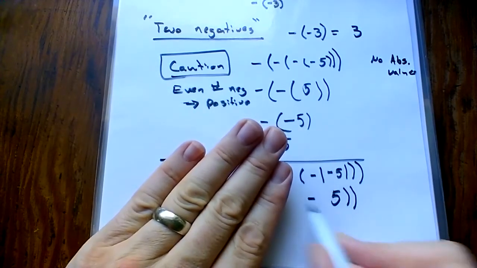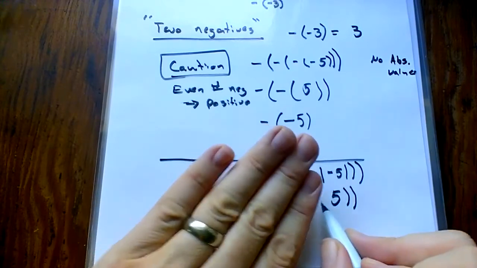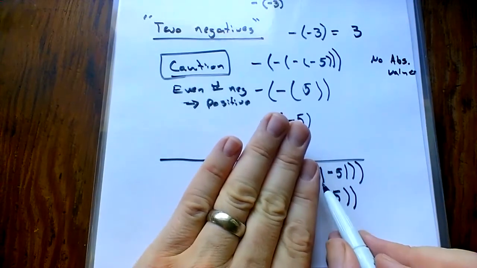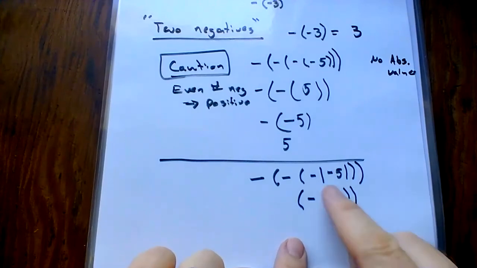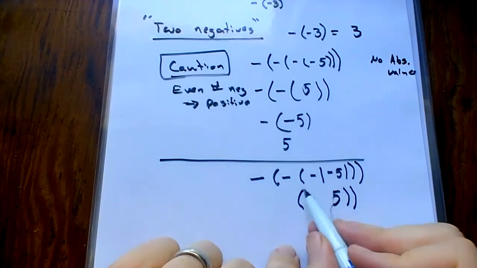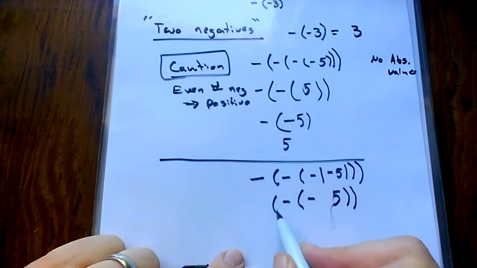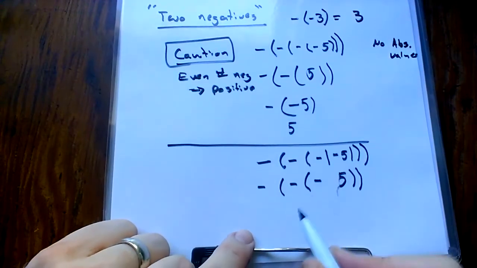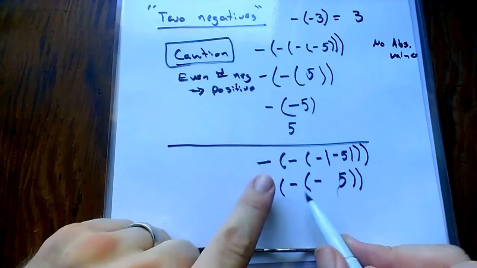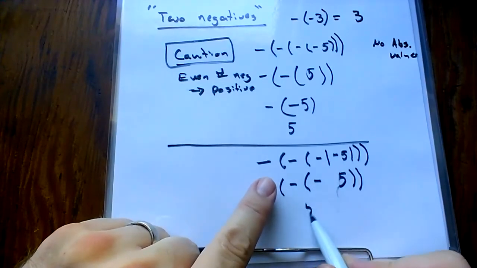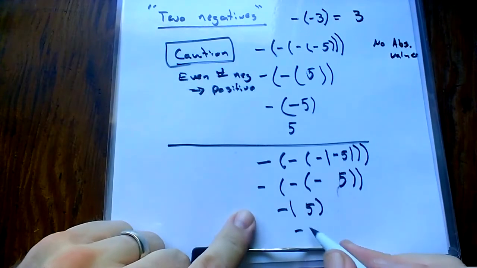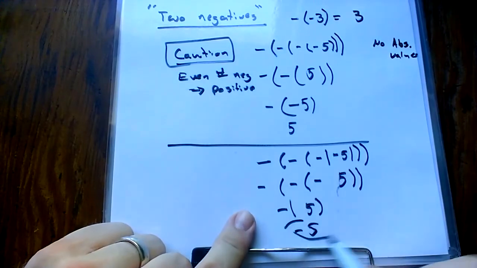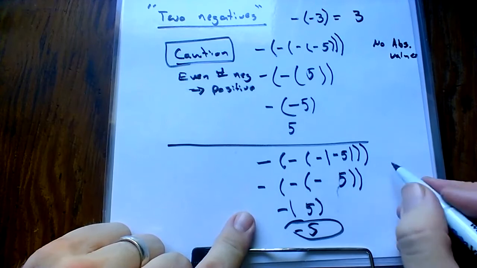And I have that negative outside that. So this negative is essentially the opposite of this 5. And now I've got the opposite of -5 is a +5. And the opposite of a +5 is -5. So you have to watch your absolute values.